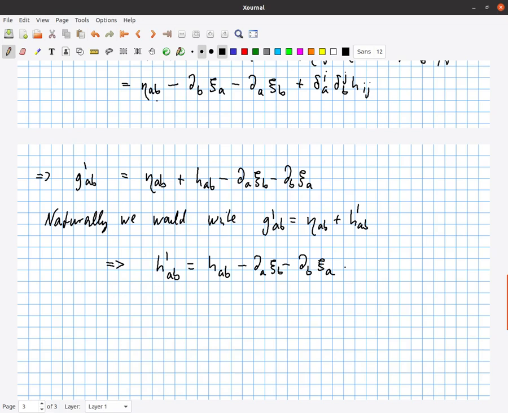Which is our first result. This makes also good sense because if we assume that h is small and then we assume the psi to be small, then we have ensured that h prime is also small. So that is a good little note. We assumed h and psi to be small.